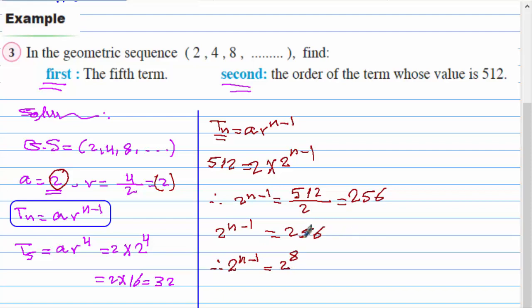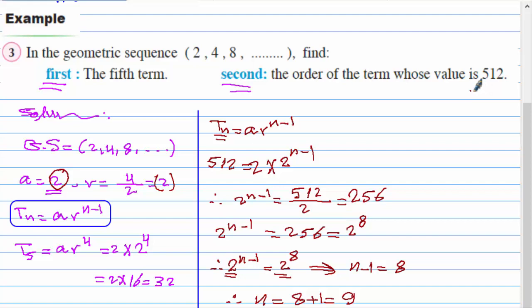Since the base equals the base, you can write n minus 1 equals 8. From that, you can deduce that n equals 8 plus 1, which equals 9. So the term whose value is 512 is the ninth term.